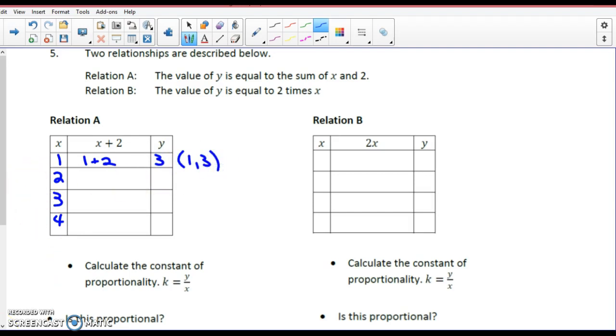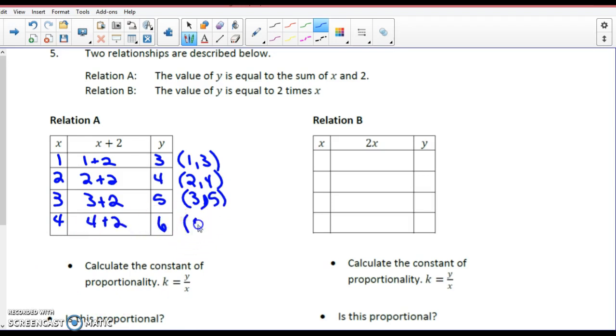We input 1, that's our domain. We output 3, that's our range. We input 2, we output 4. 2, 4. We input 3, we output 5. 3, 5. We input 4, we output 6.